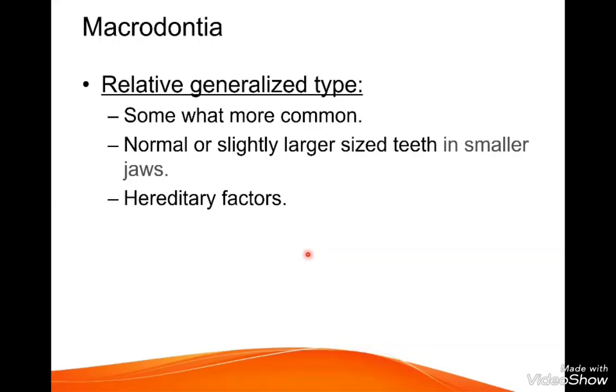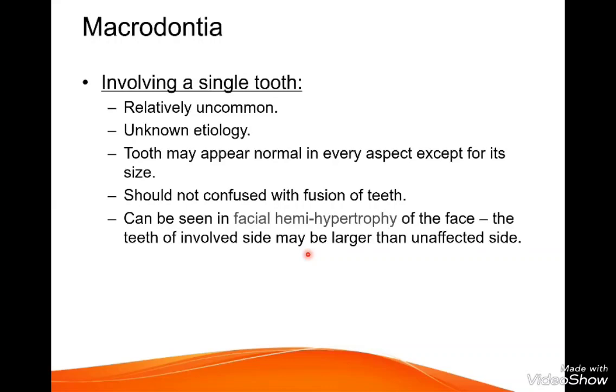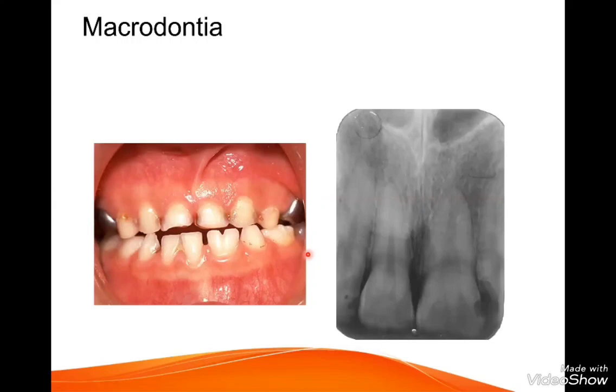So, as I mentioned earlier for relative generalized microdontia, this happens when the teeth size is inherited from one parent and the jaw size is inherited from the other parent. And coming to involving a single tooth, this is also quite uncommon. This can be seen in facial hypertrophy. This is a clinical picture of macrodontia.